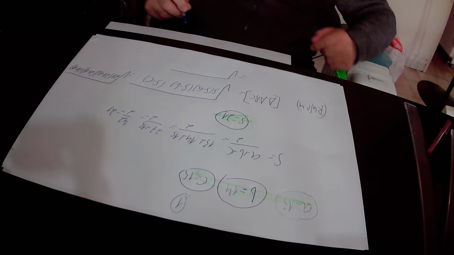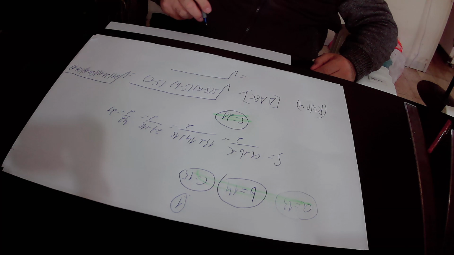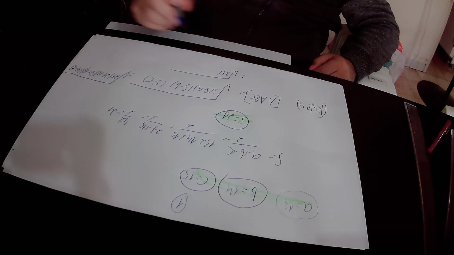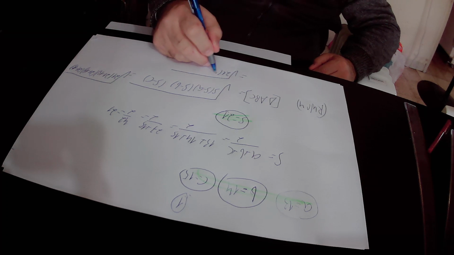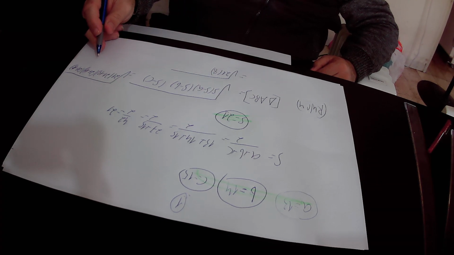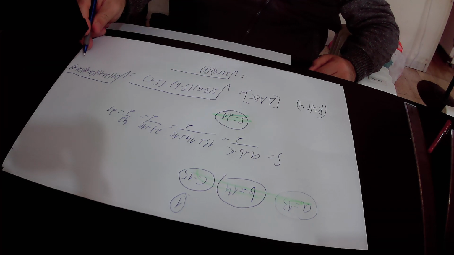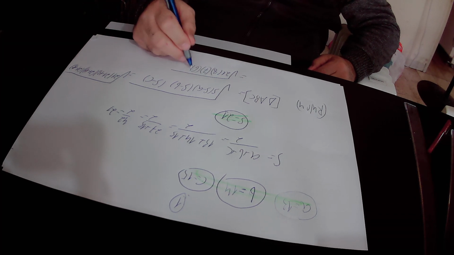So the area of triangle ABC equals the square root of 21, and 21 minus 13 is 8, times 21 minus 14 is 7, times 21 minus 15 is 6.